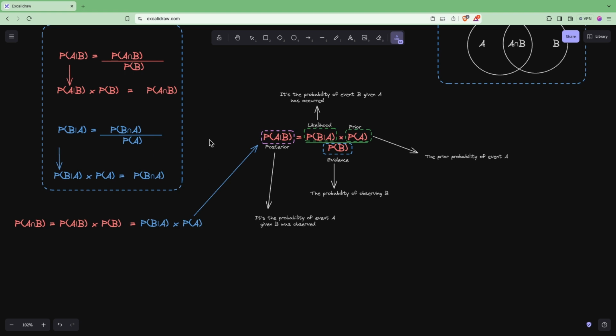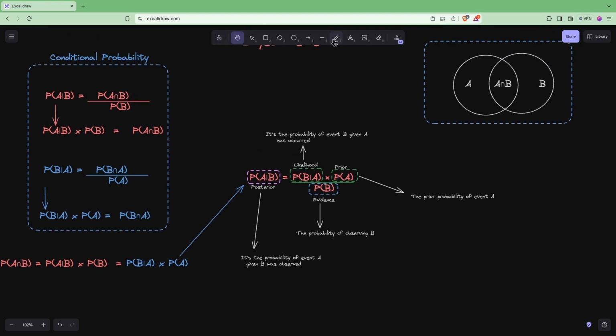So what it is saying is that the probability of A given that B has occurred will be the probability of B given that A has occurred, times the probability of A, divided by the probability of B.